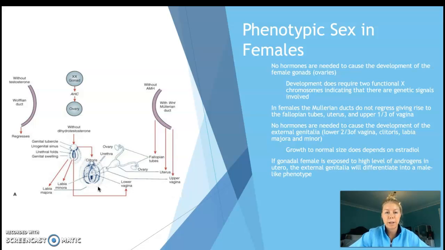In females, the Müllerian ducts do not regress, giving rise to the fallopian tubes, the uterus, and the upper 1/3 of the vagina. No hormones are needed to cause the development of the external genitalia, which is the lower 2/3 of the vagina, the clitoris, the labia majora, and the labia minora.